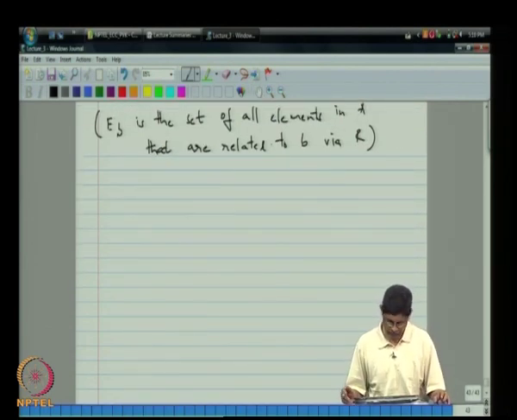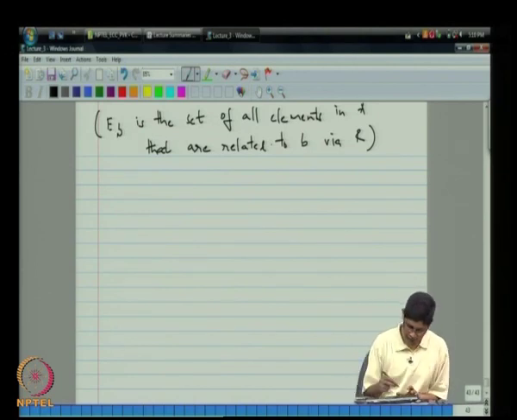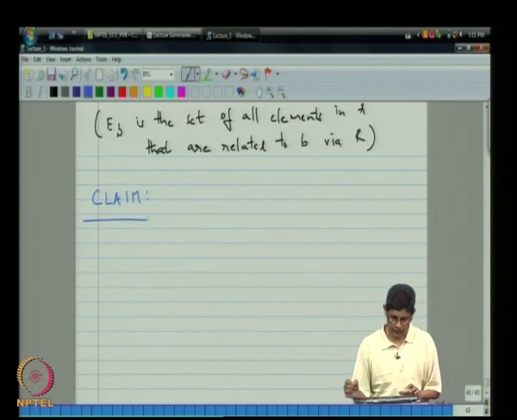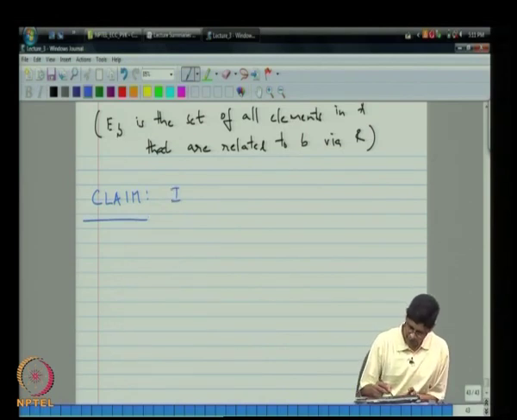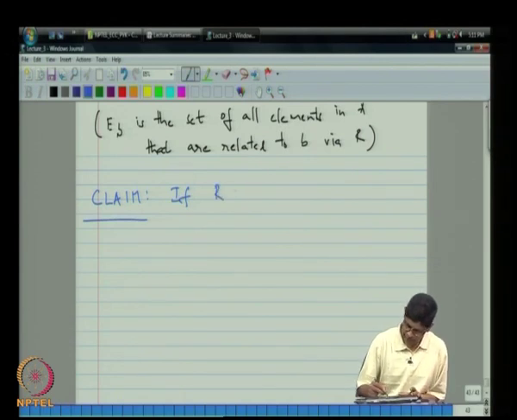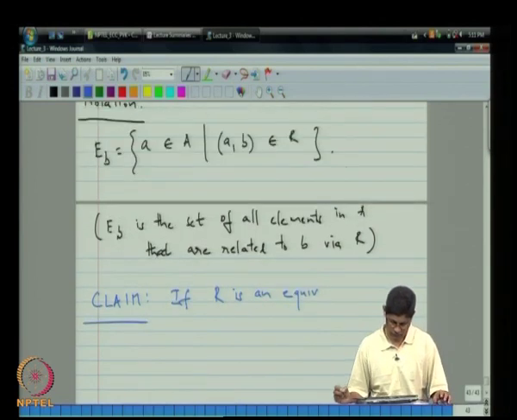Now, I claim the following. If R is an equivalence relation, okay.